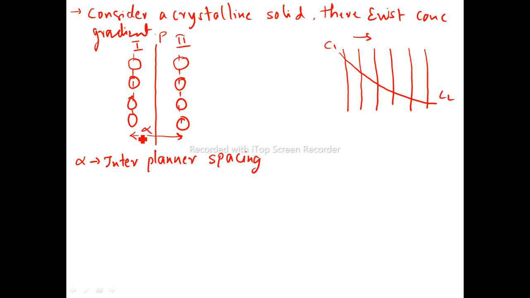The first plane consists of N1 atoms, the number of atoms in plane 1, and N2 is the number of atoms in plane 2.